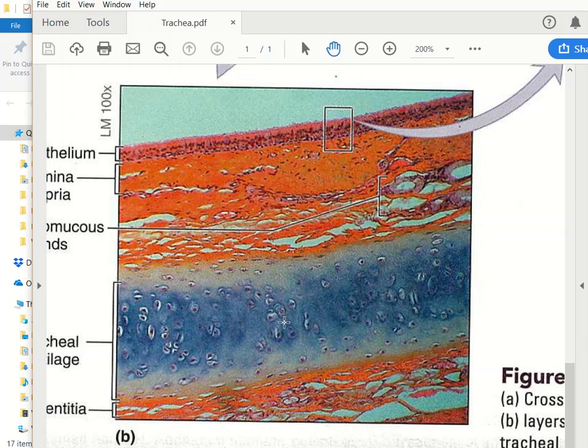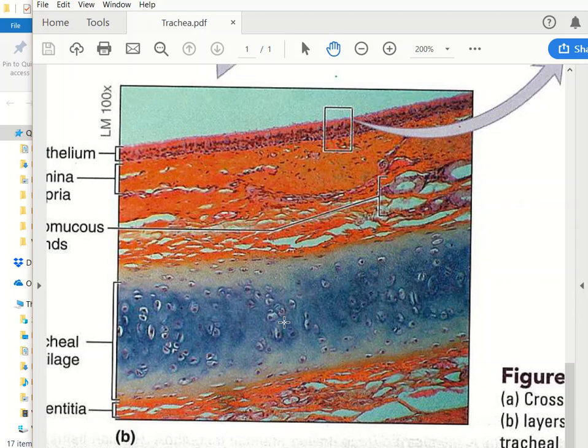Okay, so the hyaline cartilage, you want hyaline there because you want it to be rigid enough to support the trachea, but you want it slightly flexible enough to keep it open, and you want it to be able to change diameter during pulmonary ventilation, ever so slightly.